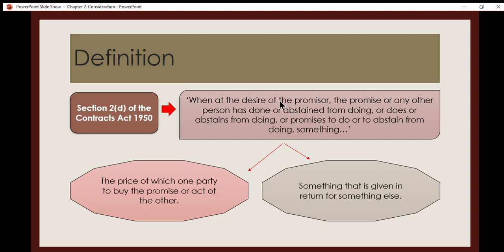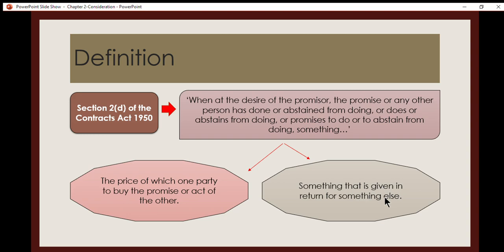Alright, when you go through this definition of consideration, we can conclude that consideration is the price for which one party buys the promise or act of the other. In other words, something that is given in return for something else.